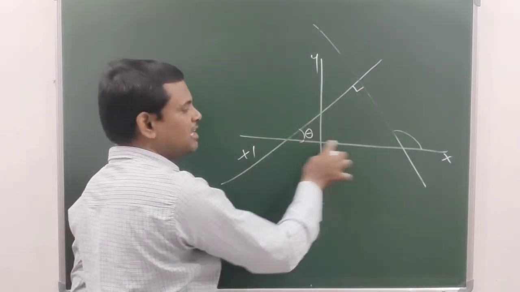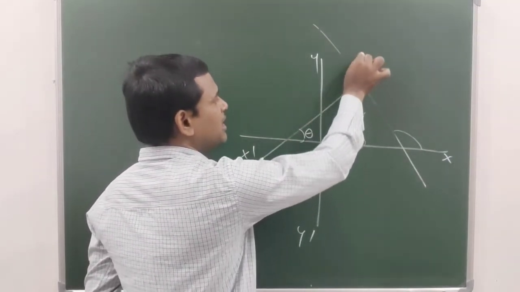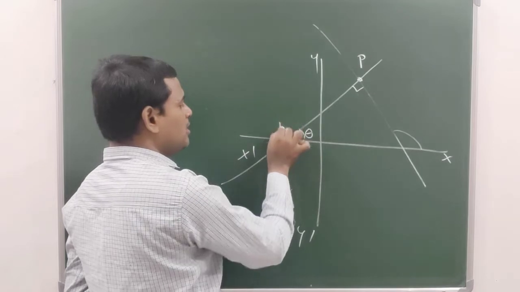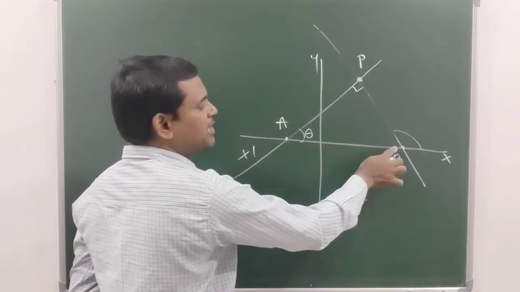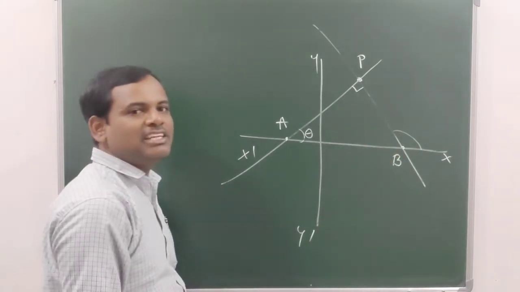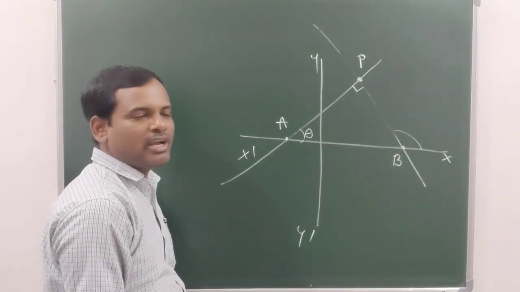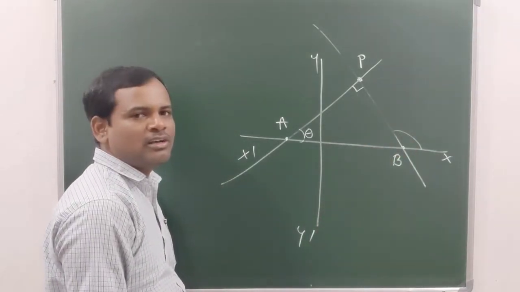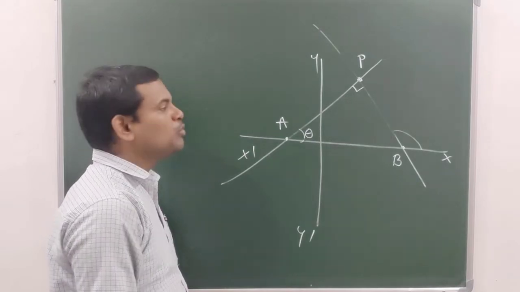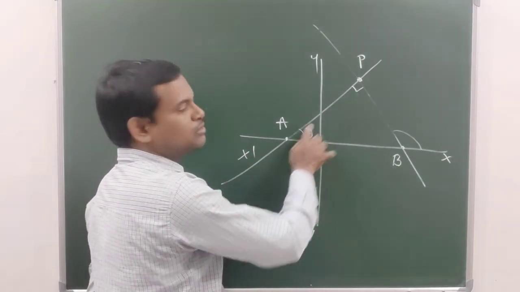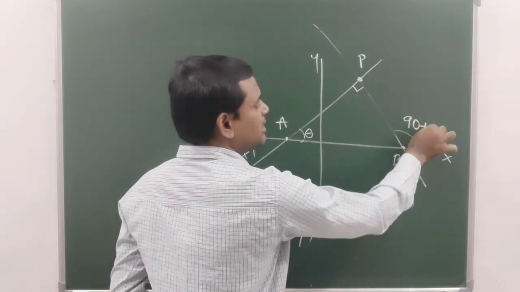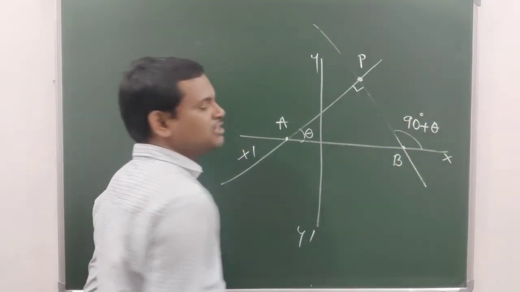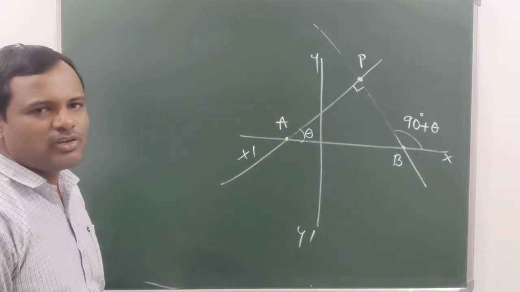Now here one triangle is formed. Let us name this triangle as PAB. Now for this PAB triangle, this is the exterior angle. As we know, exterior angle is equal to the sum of the two opposite interior angles. So here it is 90, here it is theta. Hence, this inclination will be 90 degrees plus theta. Okay.